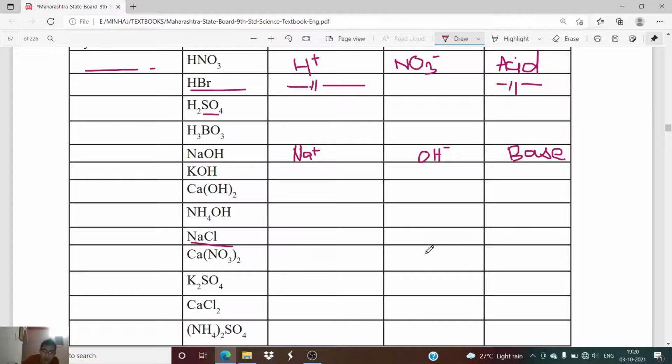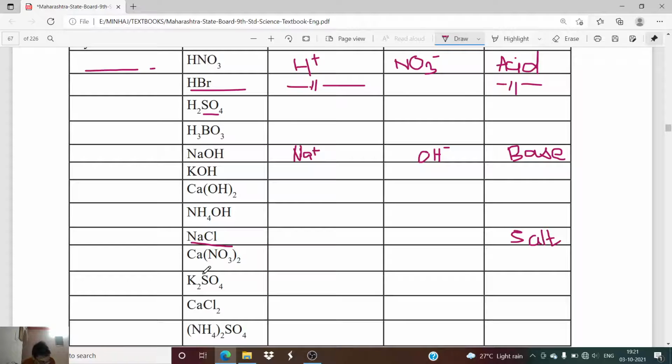So this is the first example that we have seen of a salt, and we all know that common salt is definitely a salt. Then Ca(NO3)2, so calcium nitrate. Ca plus is the basic radical and NO3 twice is the acidic radical. It is also a salt. Then K2SO4, that is potassium sulfate.